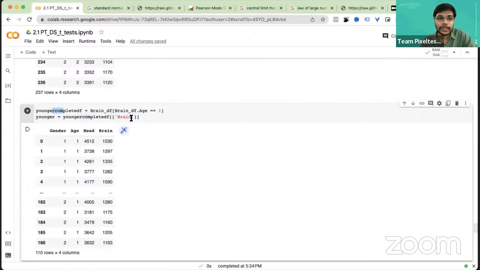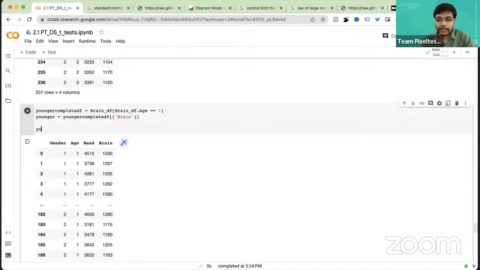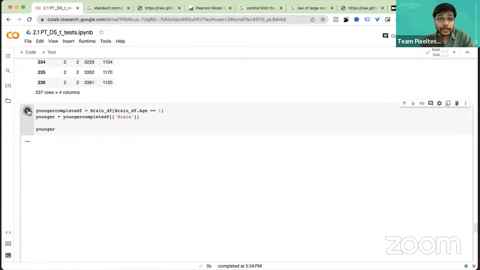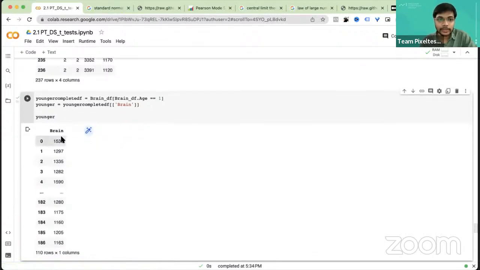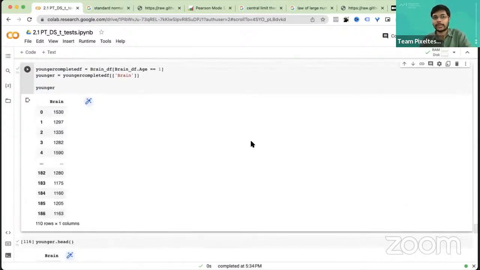If I just print younger, it is going to give me only the brain weights data. Similarly, if you do 2, it will give you the second classification of data. I hope it is clear now, Vinita ma'am.